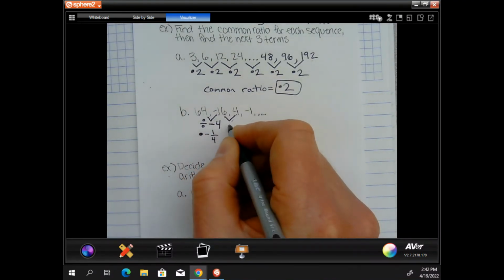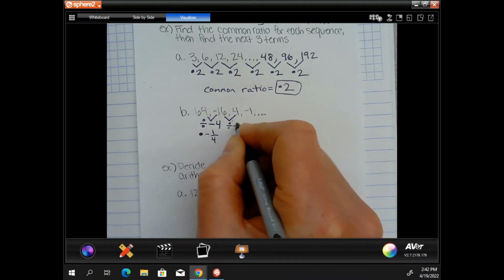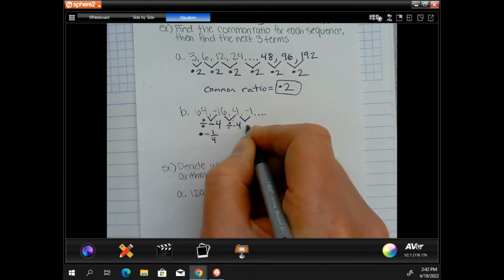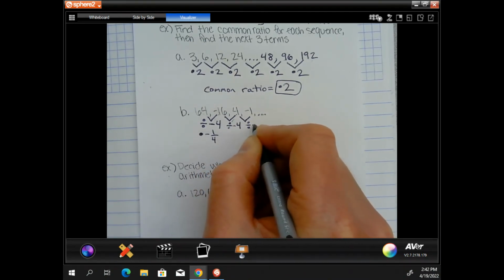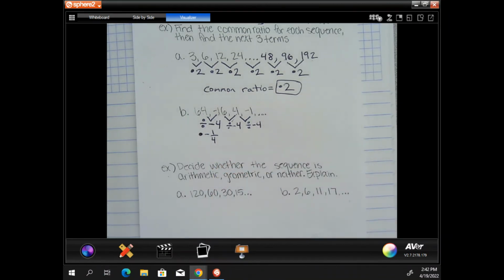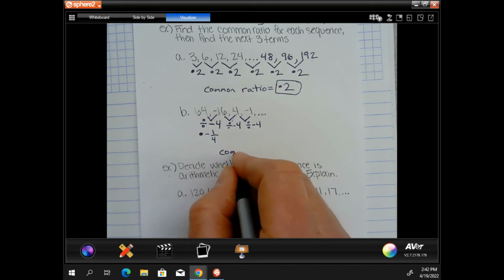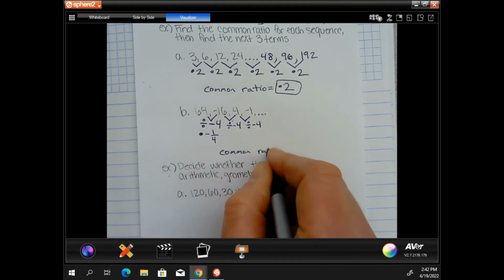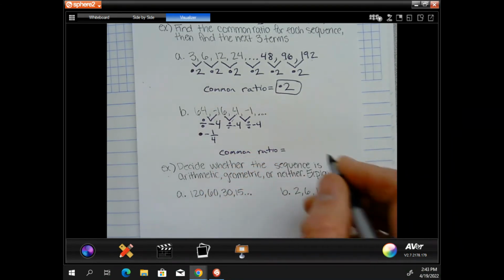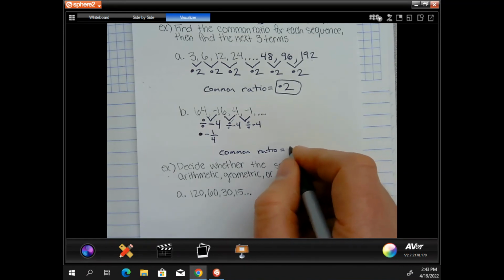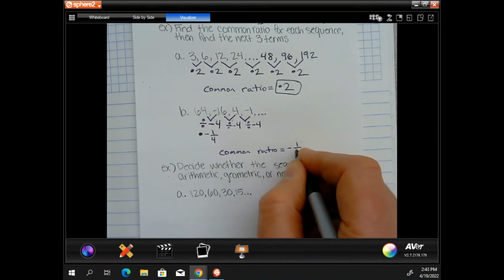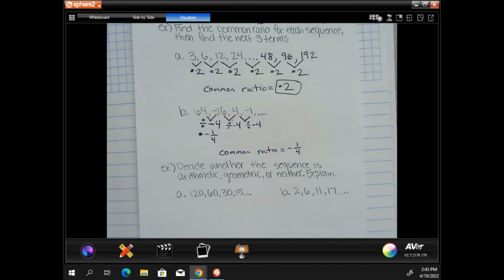And then I can see that it's dividing by negative 4 because it's going from positives to negatives. So my common ratio is equal to negative 1/4.